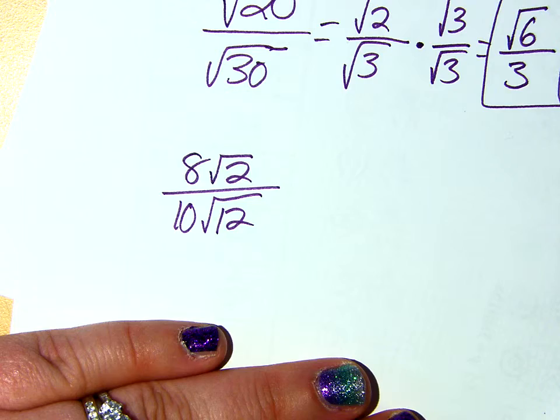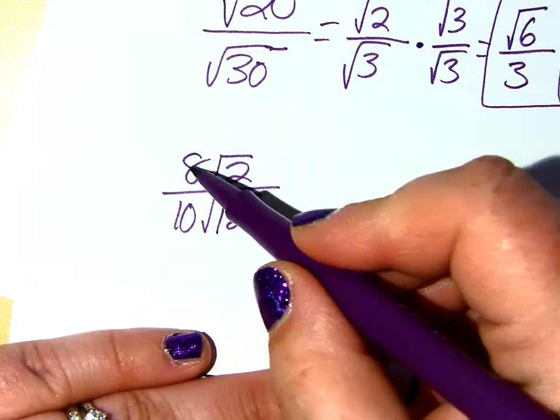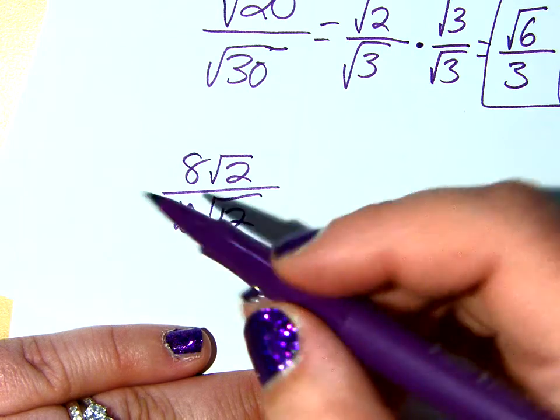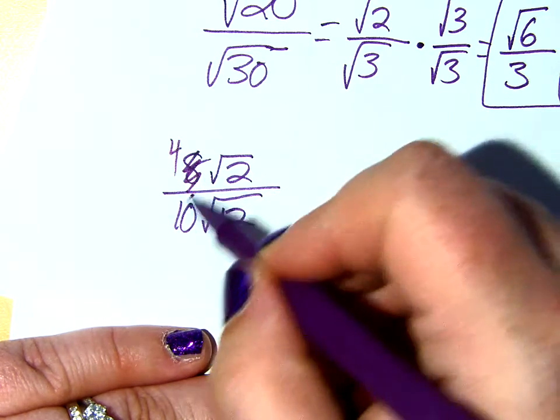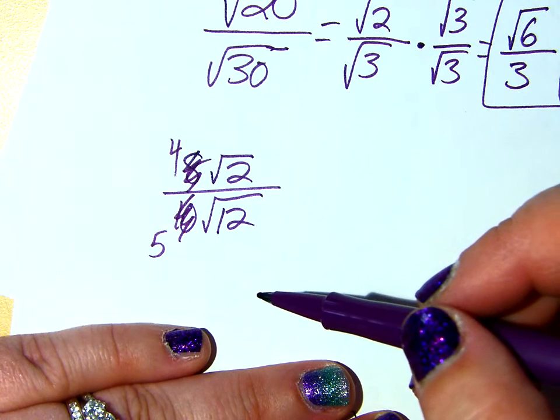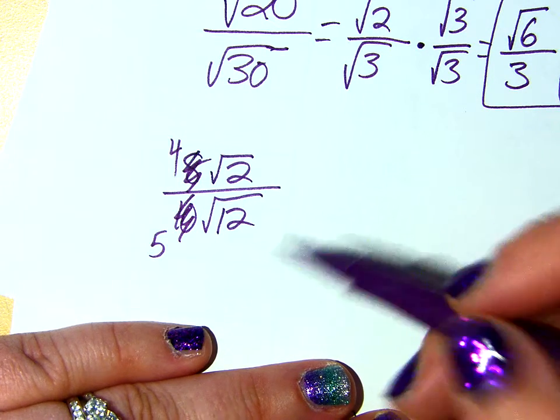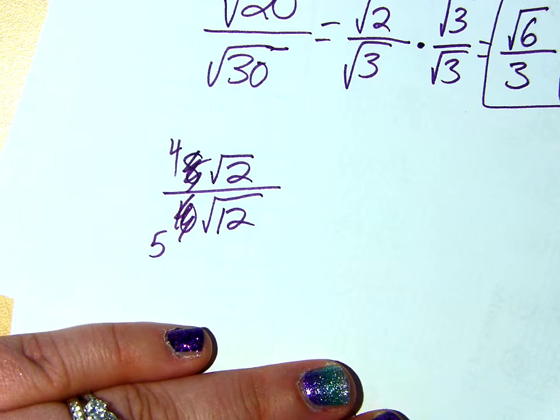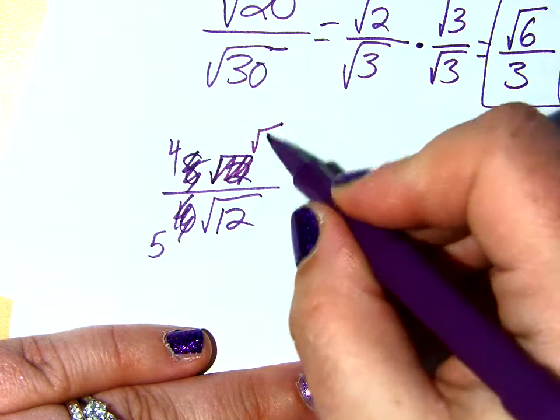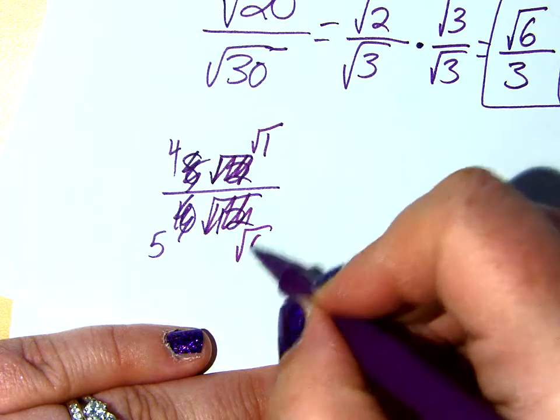And then I'll just have to fix my answer. All right? So let's start with the 8 and the 10. I can reduce them both by 2, right? So that becomes 4/5. Okay? 2 and 12 would reduce to be 1/6. It's just that that 1 and that 6 are still under a square root. So this becomes the square root of 1, and this becomes the square root of 6.